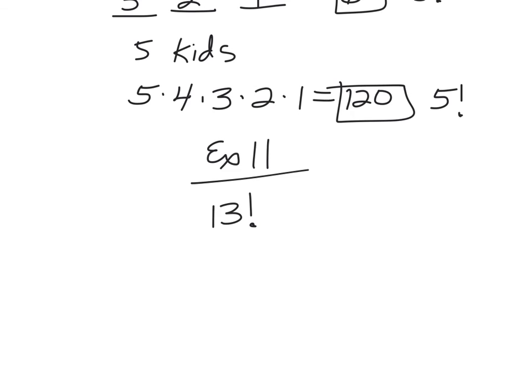Or maybe you don't, because most calculators will have a factorial function. So you're looking for something with an exclamation point. Now, if you have a graphing calculator, a TI-83 or 84, that function is in the math menu.